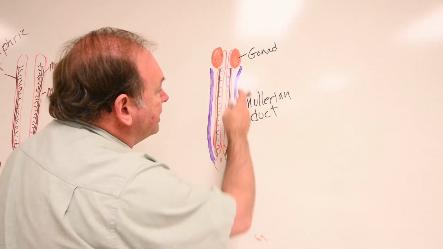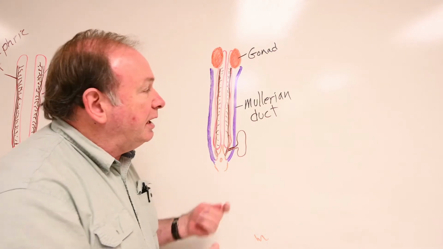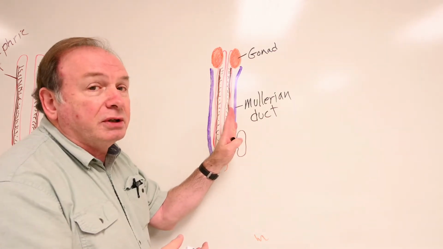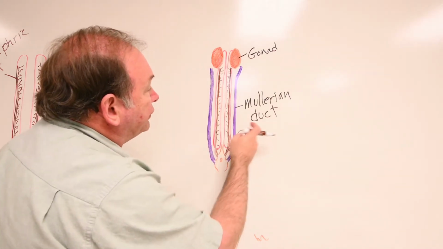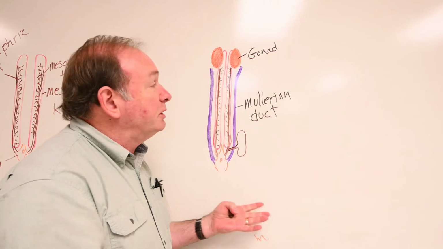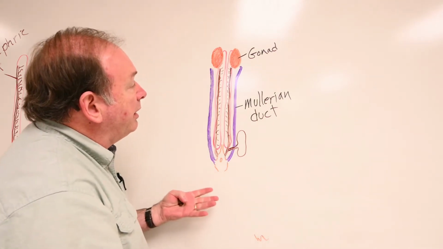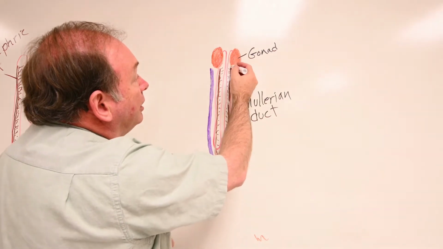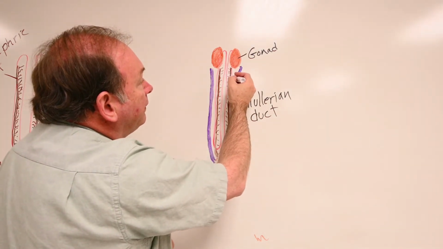The Mullerian duct will persist if it's a female and become the oviducts and uterus in the female. If it's a male, the mesonephric duct will persist and become the ductus deferens, the main sperm carrying duct. So the gonad, if it stays a male, will use this tube, the mesonephric duct.